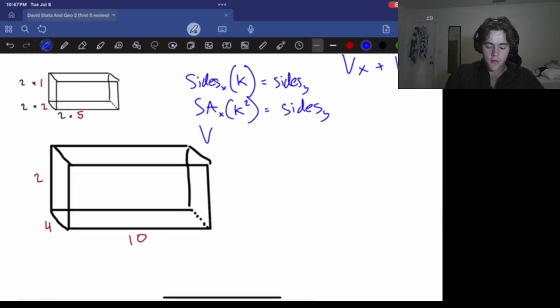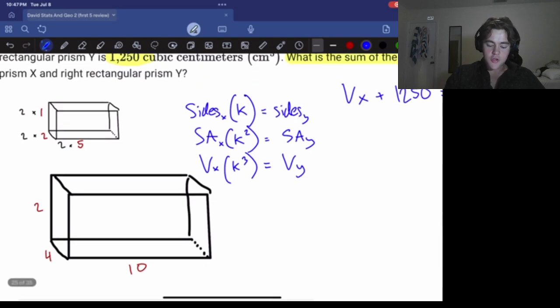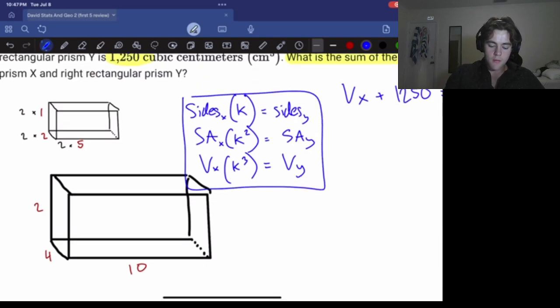And we know that volume of x times k cubed is going to equal the volume of y. So these are the three things that we know from the word similar.